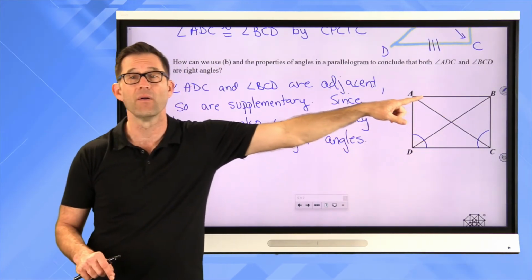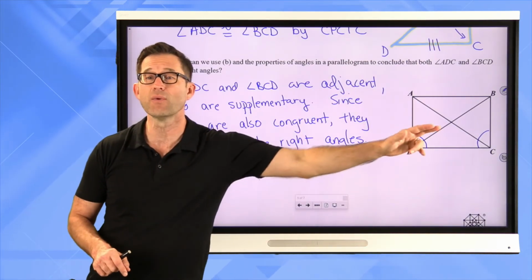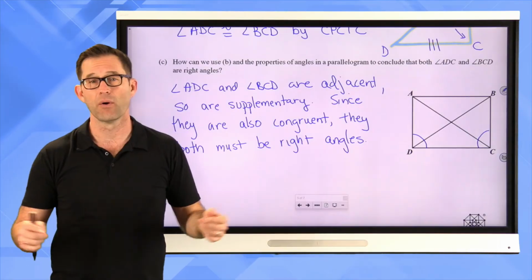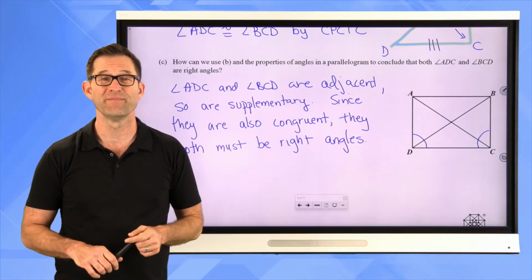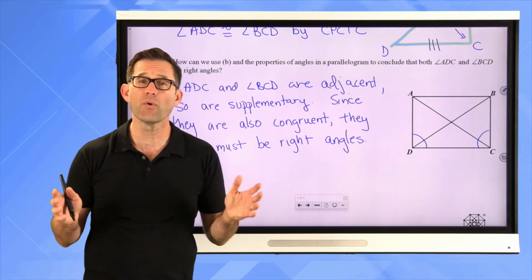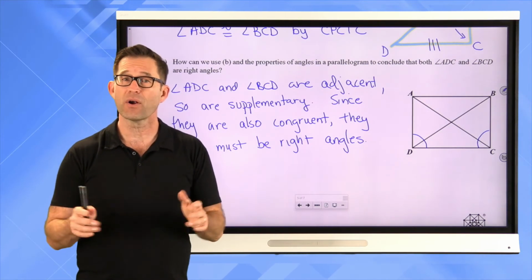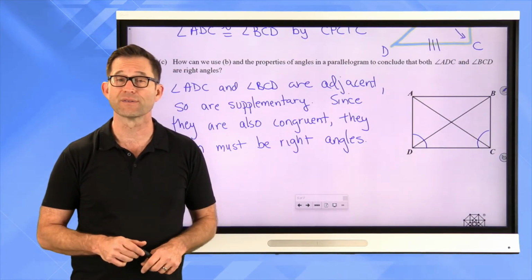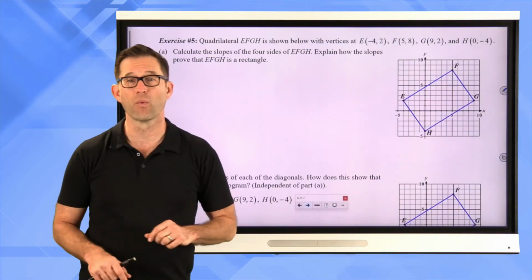And if that's a right angle, that must be a right angle. So at this point, because we've proved that these two angles are right angles, they must all be right angles. And therefore, gotta be a rectangle, right? Again, a remarkable fact. If I've got something that's a parallelogram, and that parallelogram has congruent diagonals, it's gotta be a rectangle. Sufficient condition number one.